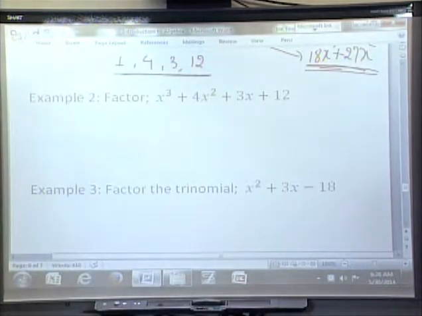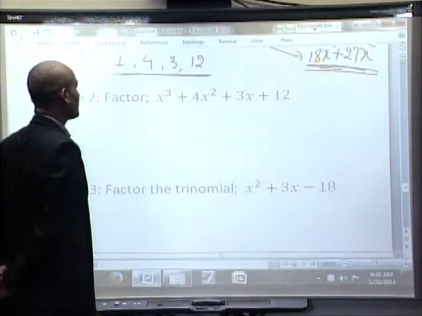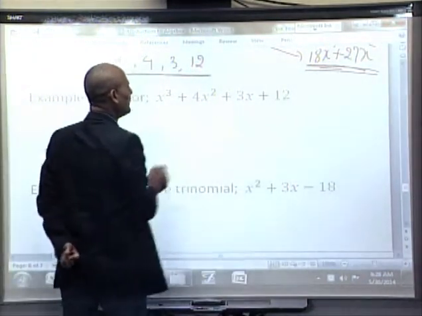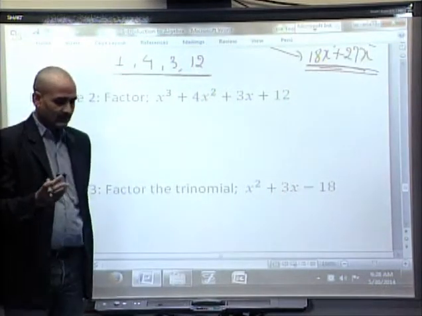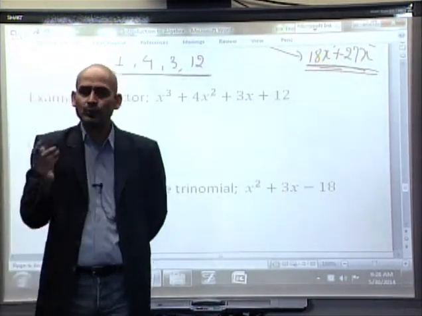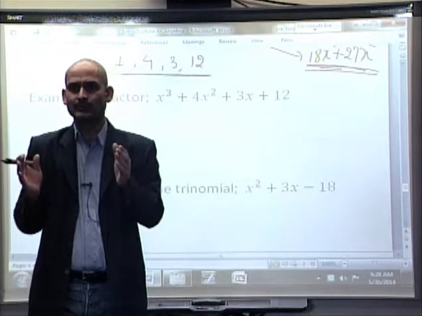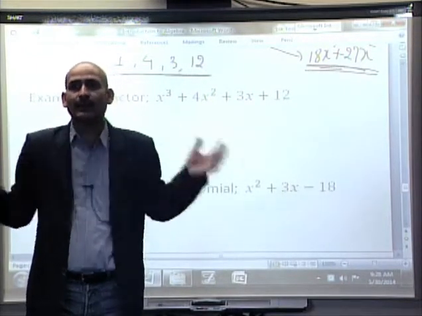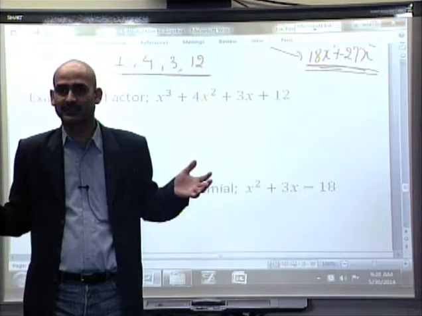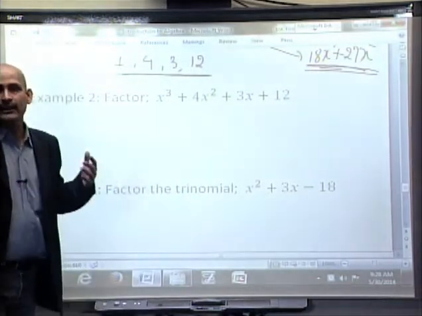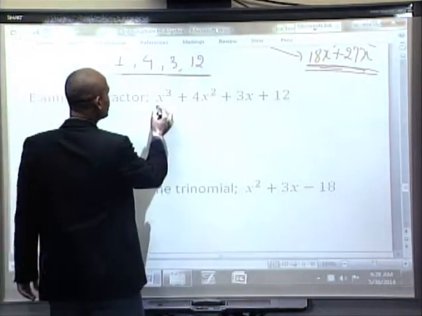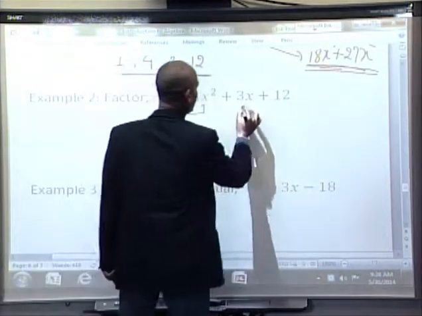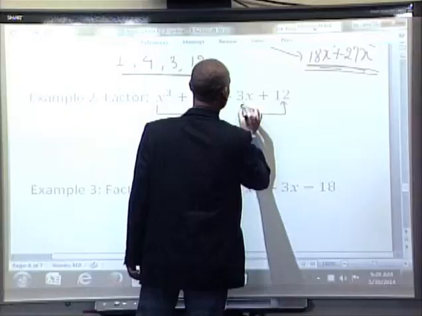Another thing we do in such an expression, since there is nothing common in all 4, is ask: can we make groups of 2 terms or 3 terms, take a common factor, and factor this expression? Let us try making groups of 2. I'll consider these 2 terms as one part and these 2 terms as another part.